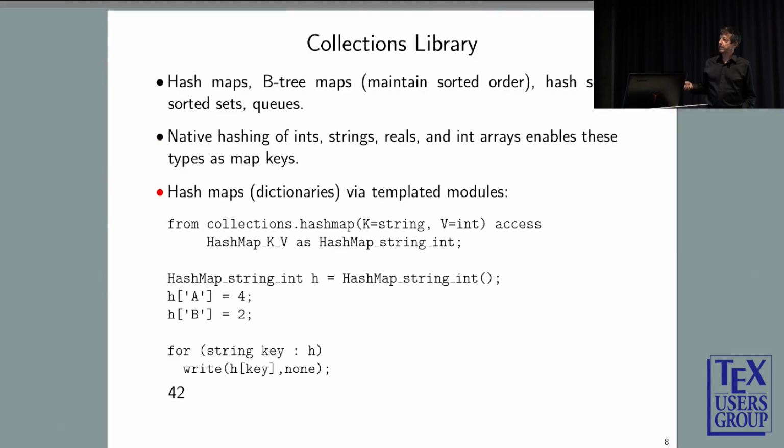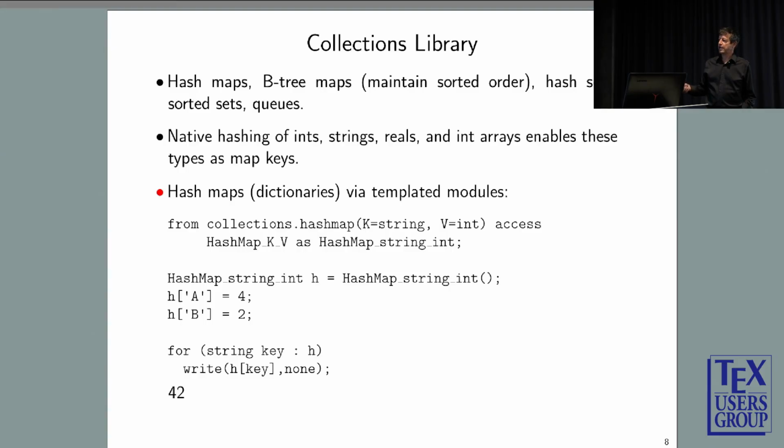They can be used as map keys, for example. From his collections library, you can access, it sort of looks a bit like Python, right? I mean, the from part. And you're accessing this module, this key value hash map. You can access it as this particular name. Again, I'm following Charles's recommendation. And then that's now a type that you can use.